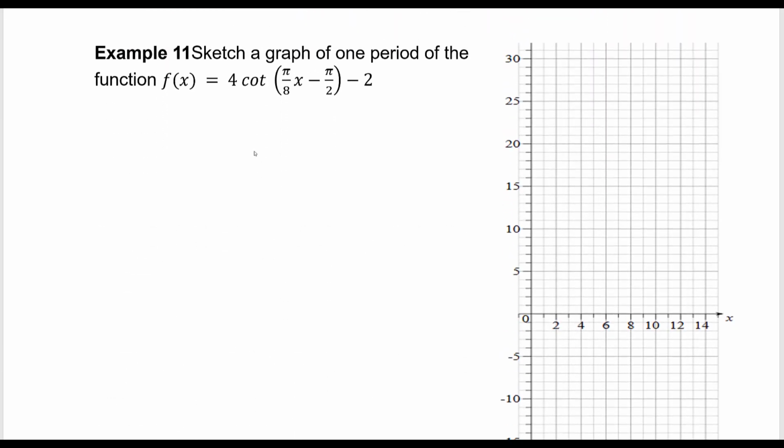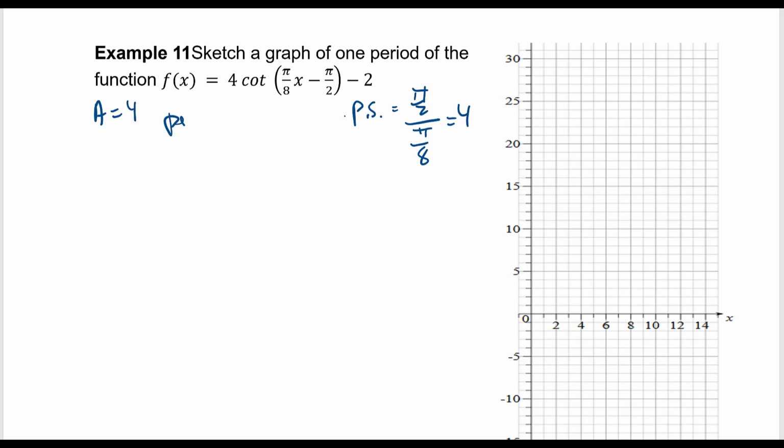Okay. Sketch a graph of one period of this function. And so here we have cotangent of pi over 8, x minus pi over 2. Interesting. Right off, I'm curious about this phase shift being pi over 2 divided by pi over 8. So I believe that's 4. That's really interesting. Our a is 4. So that's our stretching factor.